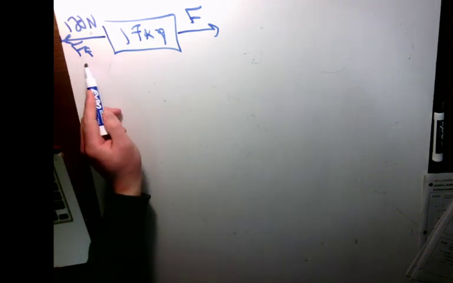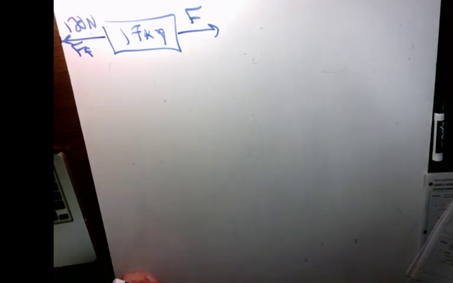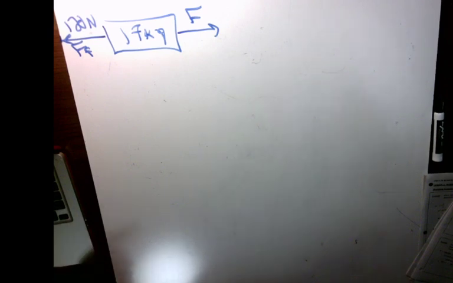Think about tires on a car screeching to a halt, right? The force of friction is greater than that forward force of the momentum of the car. Something similar here. Our box is sliding on a sticky surface, right?